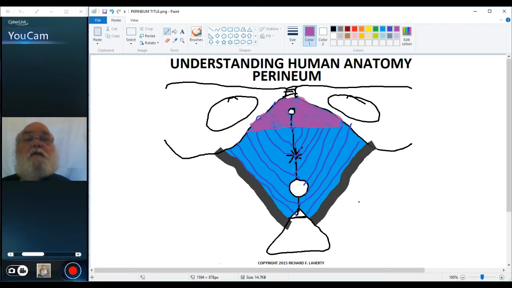Let me redo the raphe here. And this muscle is the sphincter urethrae. And its fibers are running transversely.